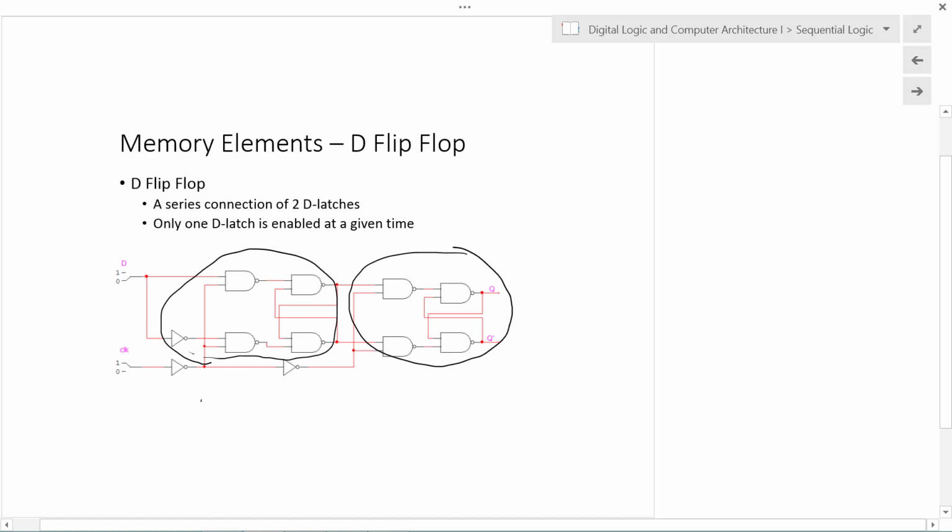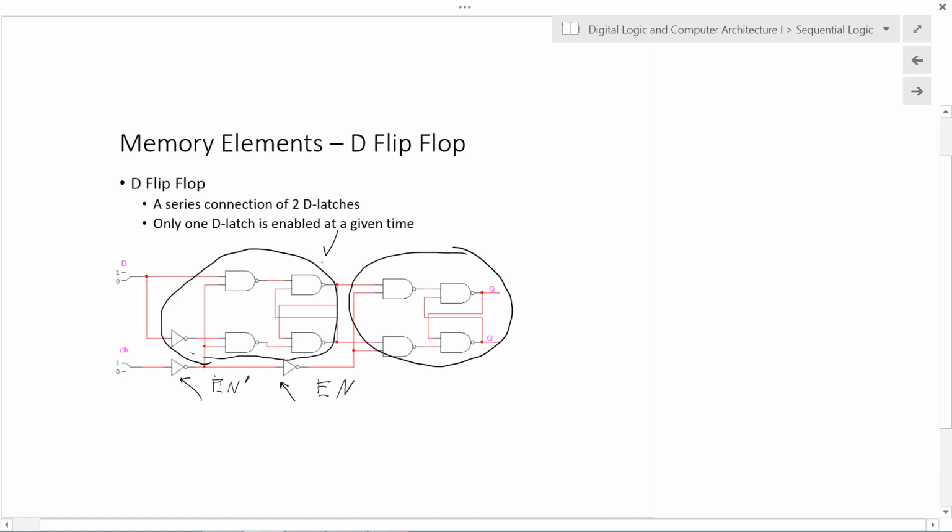The enable signals on both of them are inverted. This inversion, we have En prime and we have En here. Not En, not prime. So En prime and En.